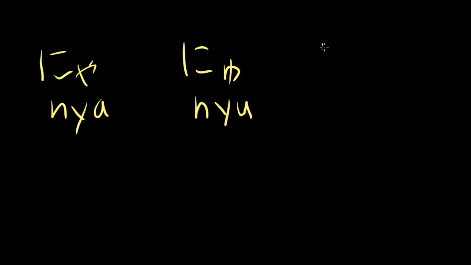I can't actually remember a word that has nyo in it, but I'm sure there is one. Okay, nya, nyu, nyo. It's kind of an odd sort of sound, isn't it?